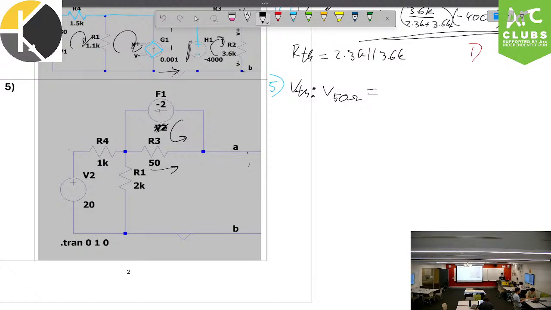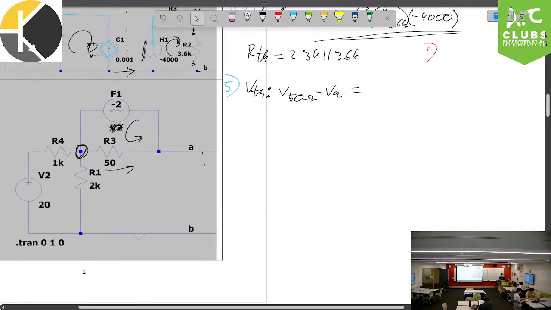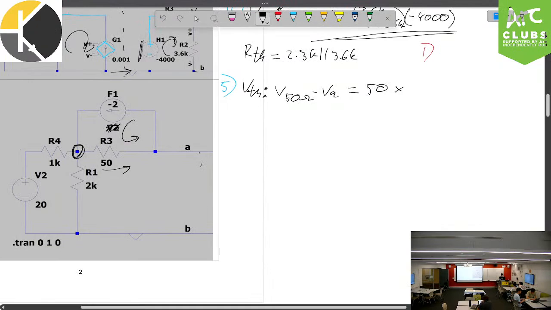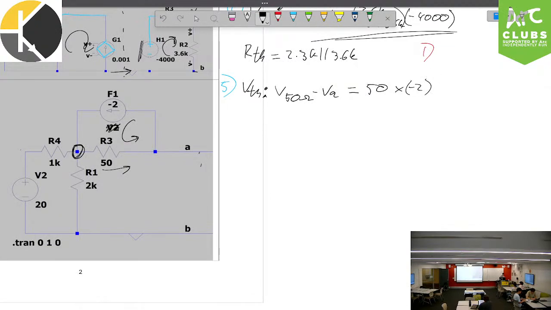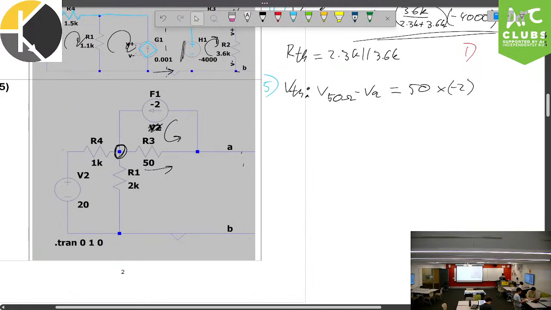So V 50 ohm is actually going to be equal to, mind you, this is minus 2 amps, sorry, running into here and going around into the mesh. So you actually have 2 volts going that way. We think about voltage drops, and therefore this node over here we can calculate the voltage of, right? So V50, and that's going to be minus VA, is going to equal 50 times minus 2, right? Because minus 2 is our current. So let's keep on doing this. This calculates that voltage.